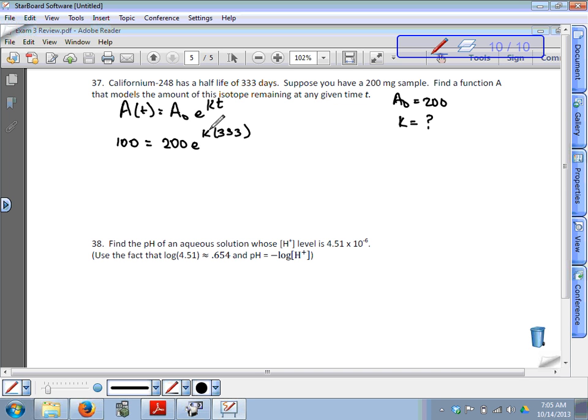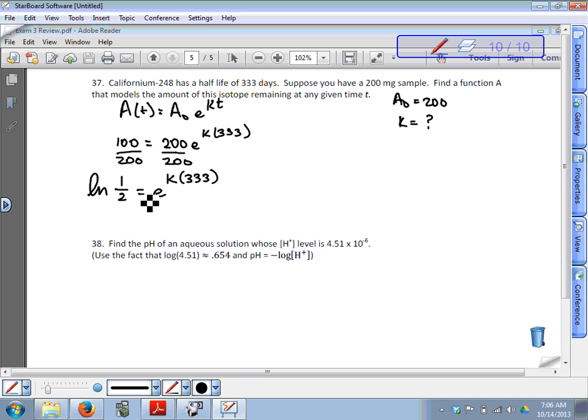This will allow us to solve for k because k is an exponent. We need to cancel the base of e. So if we divide by 200, we're going to get 1/2 equals e to the k times 333.